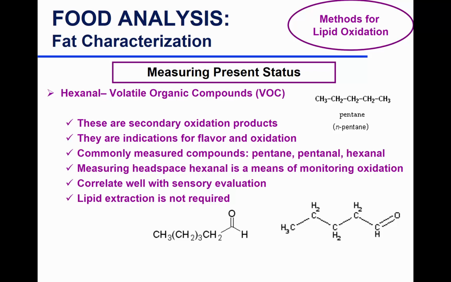So it's very easy because we need to see if they have lipid oxidation within a complex food matrix, you don't have to extract the oil out. You can just have a headspace method for GC, and the volatiles will be detected using GC FID. So it is really easy to run if you know how to work with GC FID.